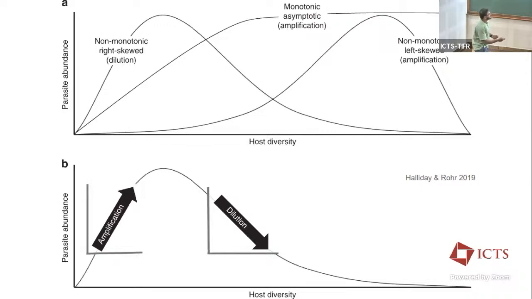And then we have this dilution and amplification effect: how host diversity impacts parasite abundance or parasite prevalence in turn. The dilution effect suggests that if we have higher diversity, then for a particular pathogen, a particular parasite, to find its ideal host, some other host may come in between.